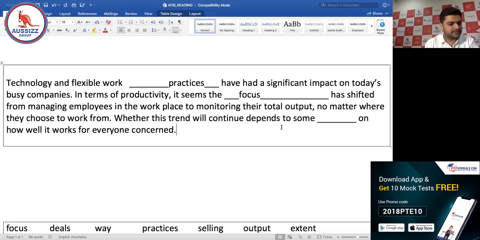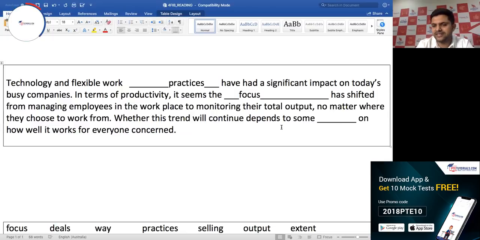Now there is a collocation again here, and the collocation is some extent, which means partly. Whether this trend will continue or not, it depends partly on how well it works for everyone. So, to some extent on how well it works for everyone.